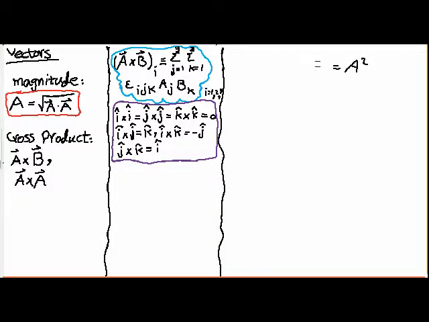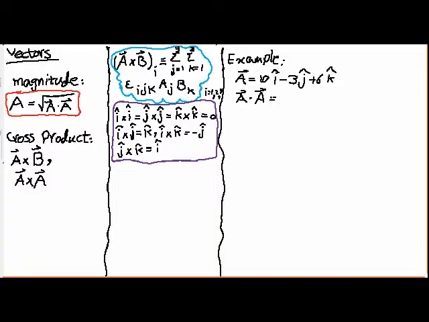Now I'm going to solve an example. Assume A is, let's say, 10 i hat minus 3 j hat plus 6 k hat, and I want to get the magnitude of A. So let's dot product A by itself.